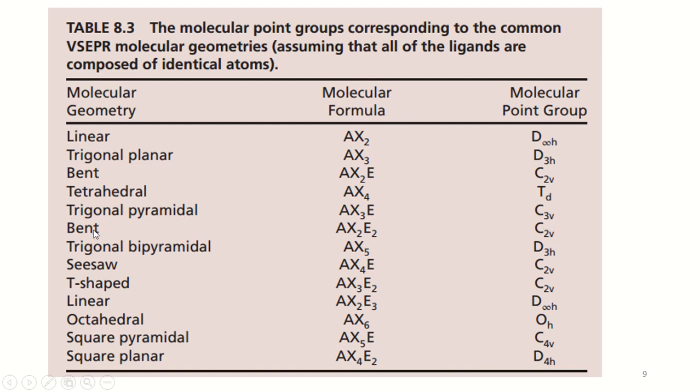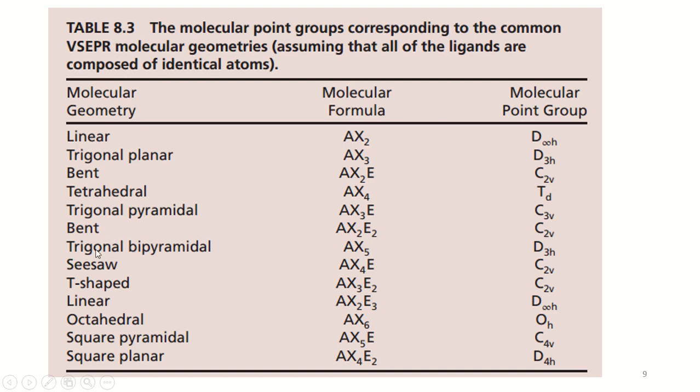While in case of bent geometry but with molecular formula AX2E2, then there is a possibility of C2v again, because we have already discussed a bent molecular geometry with AX2E. So if there are one lone pair or two lone pairs, the point group would be the same, C2v.